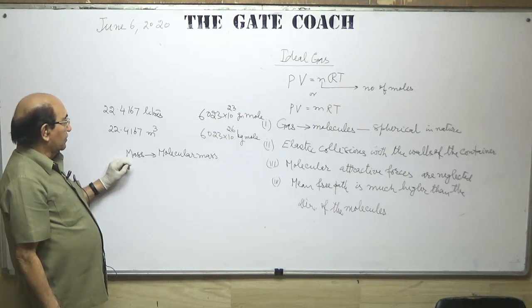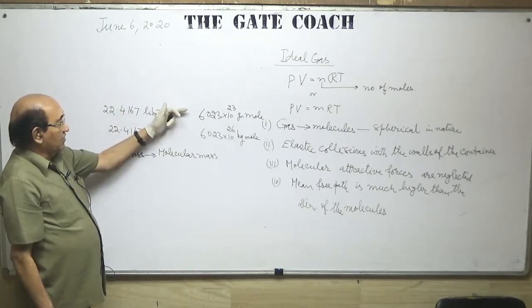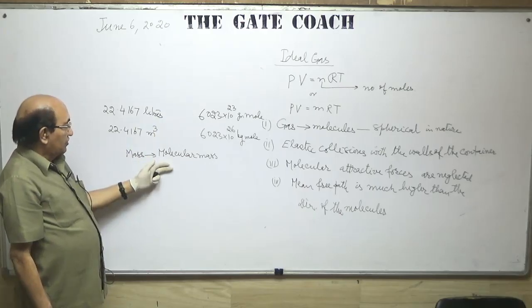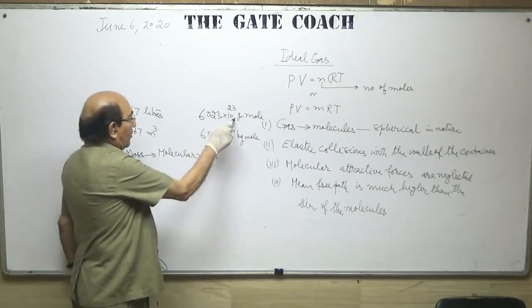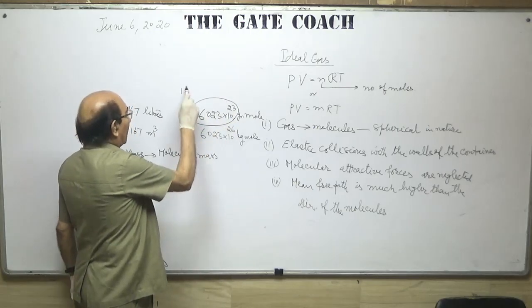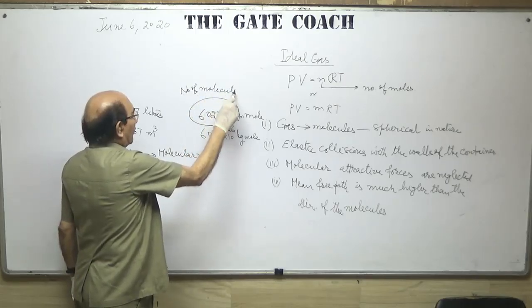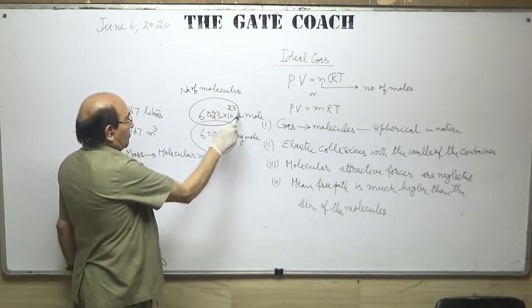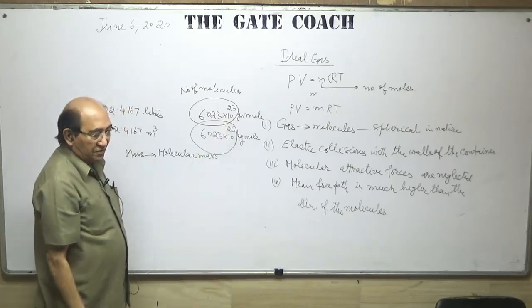In a given system with this volume, these number of molecules shall have the mass equal to the molecular mass, then it shall be called as 1 gram mole. Gram to kilogram 1000 times, number of molecules 1000 times.